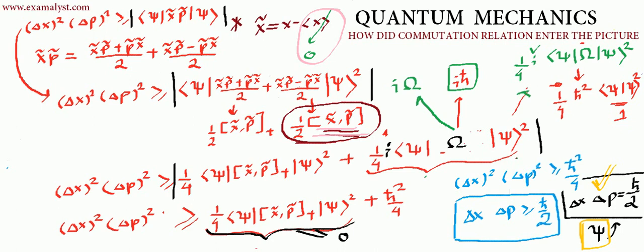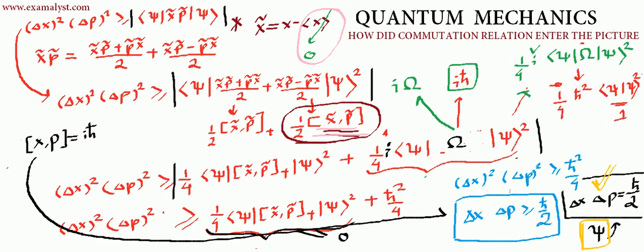So what we have done, in summary, is that we started by assuming that the x and p commutation relation is satisfied. We started with this, and by using the Schwarz inequality, we reached the uncertainty principle.